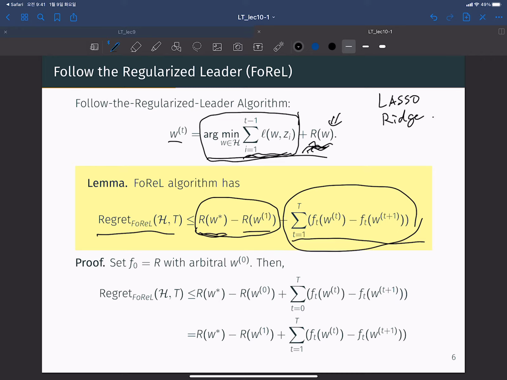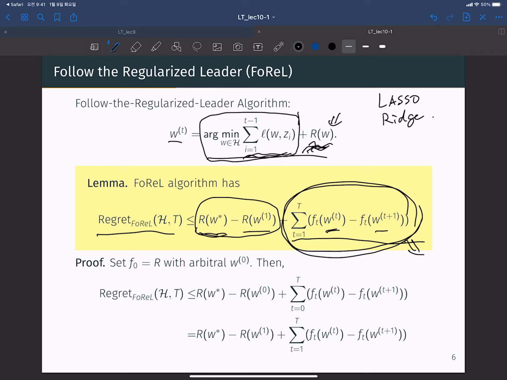Due to this additional regularization term, we change the sequence w_t, and the updated algorithm, FTRL, can make this term much less than before. Right. So let's see the proof and let's see the example.